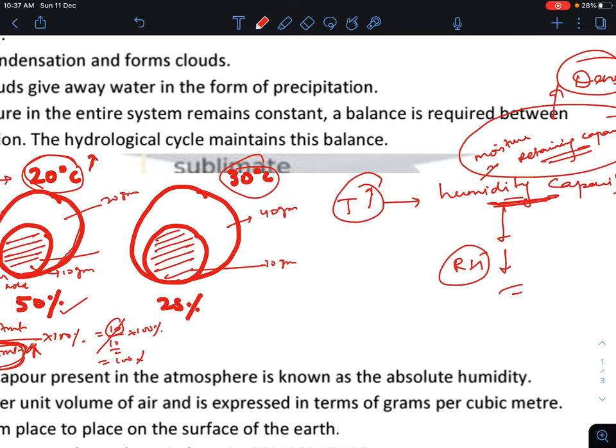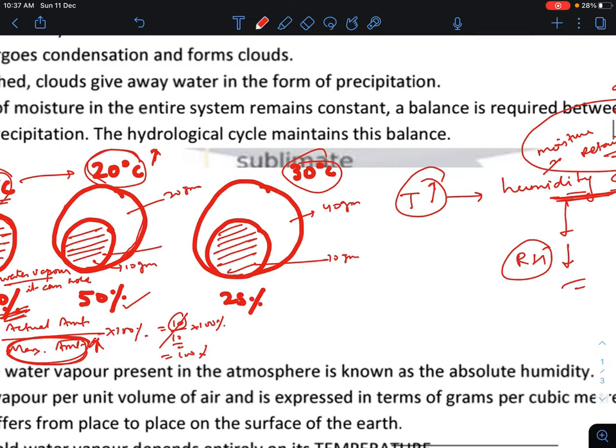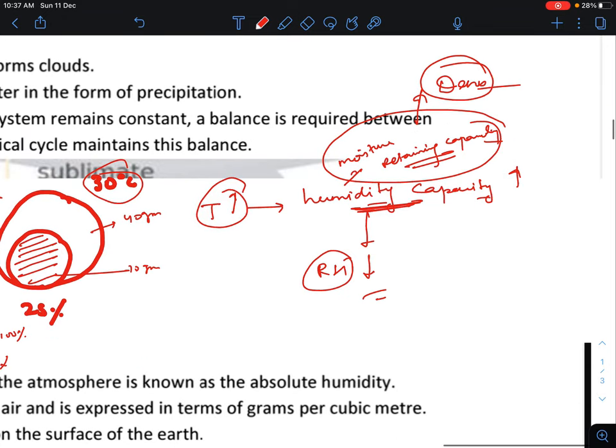And one more point we have already studied: when RH is 100%, it means that the actual amount of water vapor present in the volume is equal to the maximum holding capacity. If the RH is 100%, the air gets saturated.